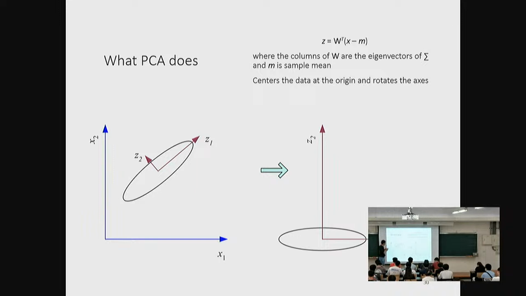What PCA really does is look at the distribution here. First, it subtracts the mean and moves it, generating new axes Z1 and Z2, where the zero is located at the mean. So my original point is now 0, 0 here.